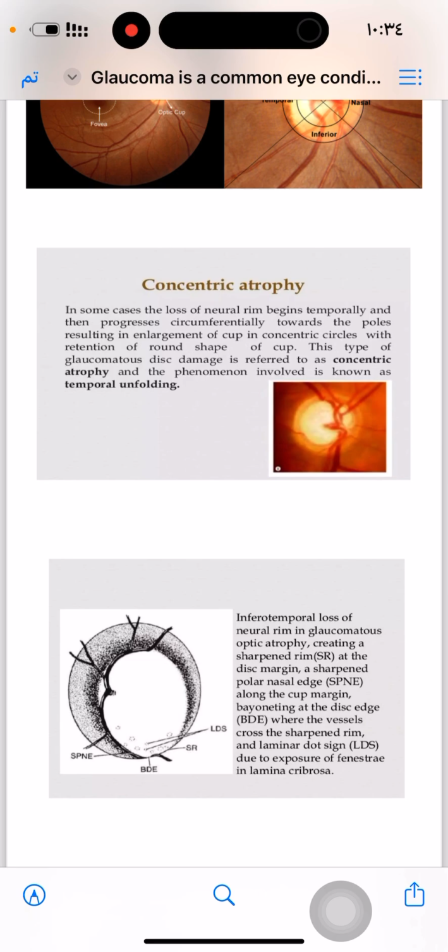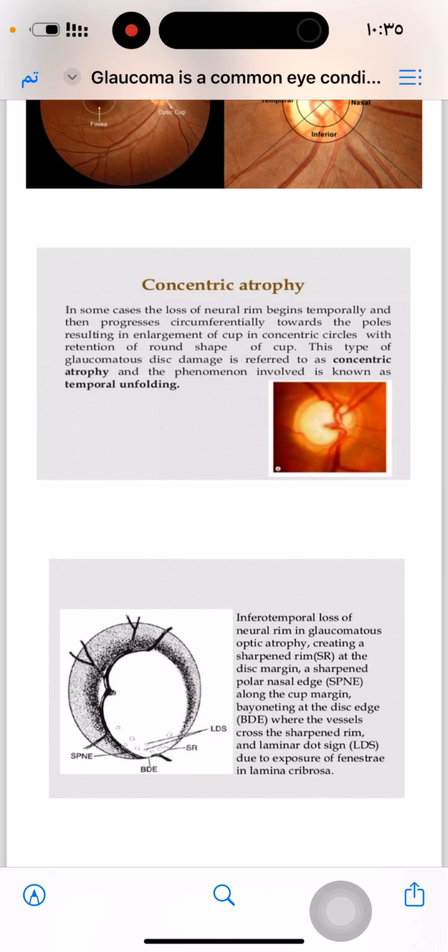Glaucomatous atrophy. This term is used when we see progression toward the poles, resulting in enlargement of the cup in the vertical oval, with retention of the round shape of the cup.